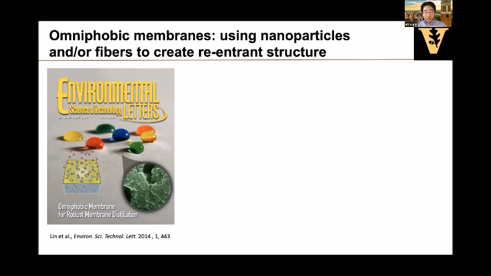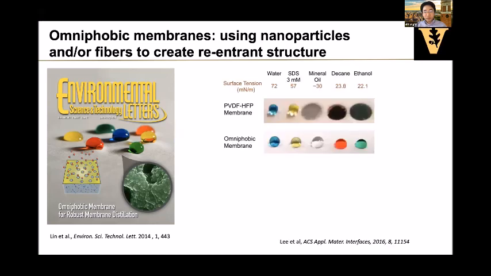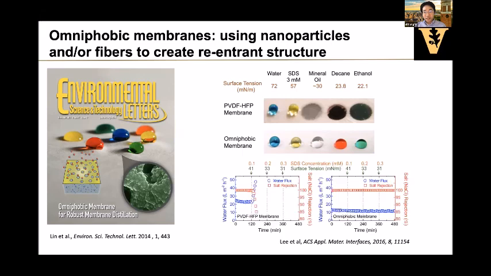Now, later on, there are many works on making omniphobic membranes, and this is one example from one of our speakers today, Jongho Lee. As you can see here, this is a conventional hydrophobic membrane. It resists wetting by high surface tension liquid, but not low surface tension liquid.